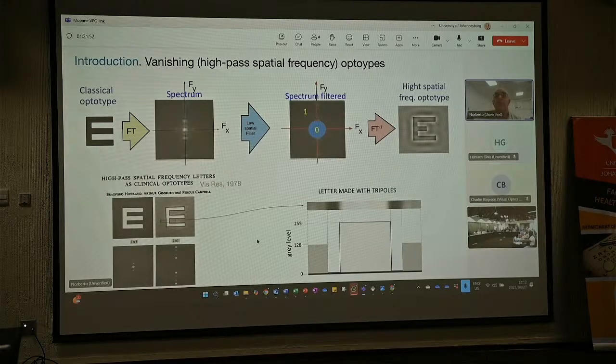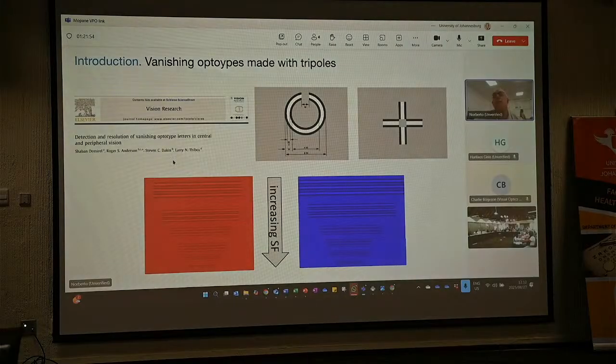There are a lot of investigations about this type of optotype, one made by Gabriel, and there are many others. Normally they use optotypes made with tripoles.